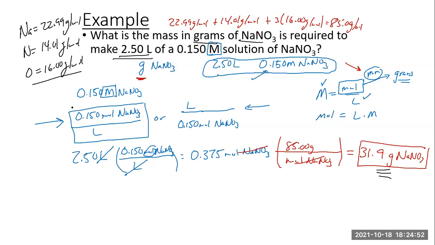Give it a mix and a shake, and get all the solid to dissolve. What you should be left with is 2.5 liters of a solution that has a concentration of 0.15 molar. Any questions on what those numbers all mean?